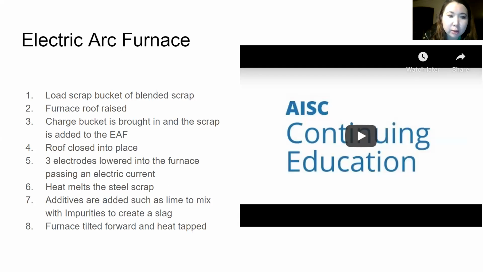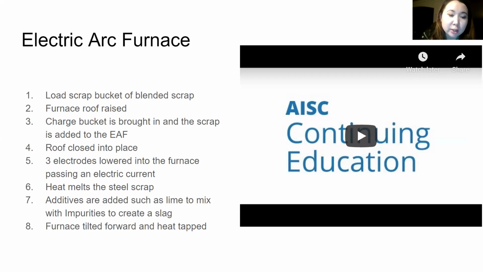One of the common methods is to use the electric arc furnace. When using the electric arc furnace, a scrap bucket is loaded with a blended assortment of scrap. So the different scraps we talked about before, typically it's not just one that's used, but a combination.